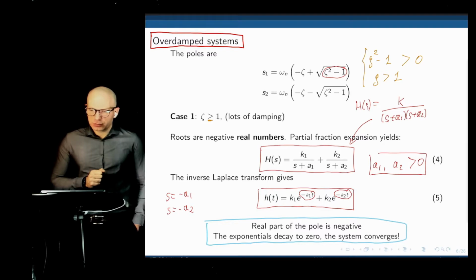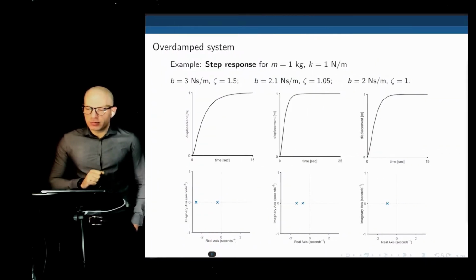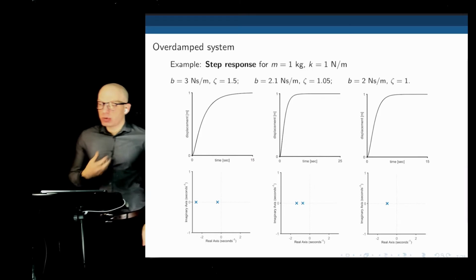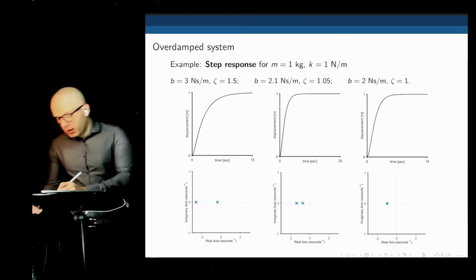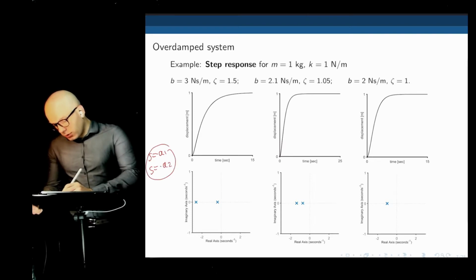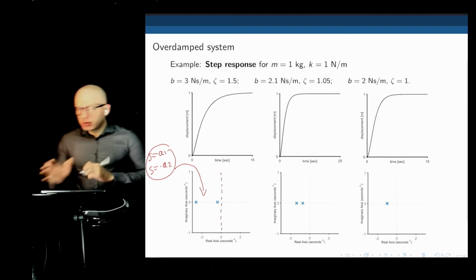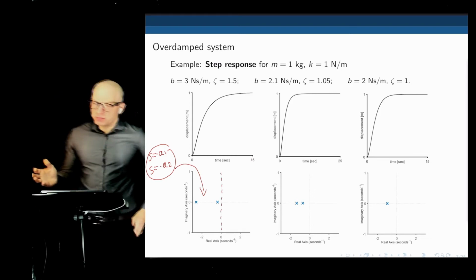Can you just repeat that last part with the graph, sorry? Yeah, so let me actually maybe move here, and that will be a bit more clear. The poles of our transfer function are real negative numbers. S equals negative a1 and s equals negative a2. So when you put them on the S-plane, they lie on the left side of the S-plane.